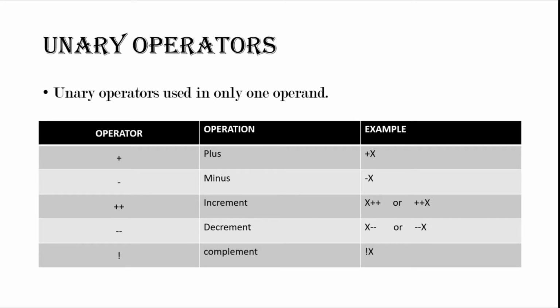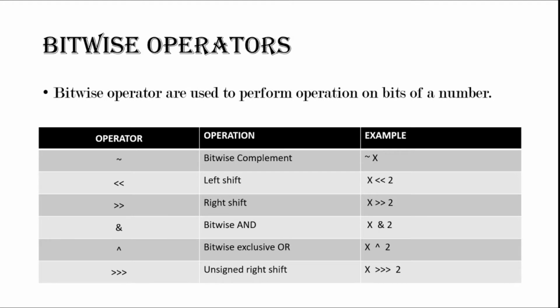Fifth one is unary operators. These operators use only one operand. It means to use this operator we need only one operand. These are plus, minus, increment, decrement, and complement. Sixth one is bitwise operators.